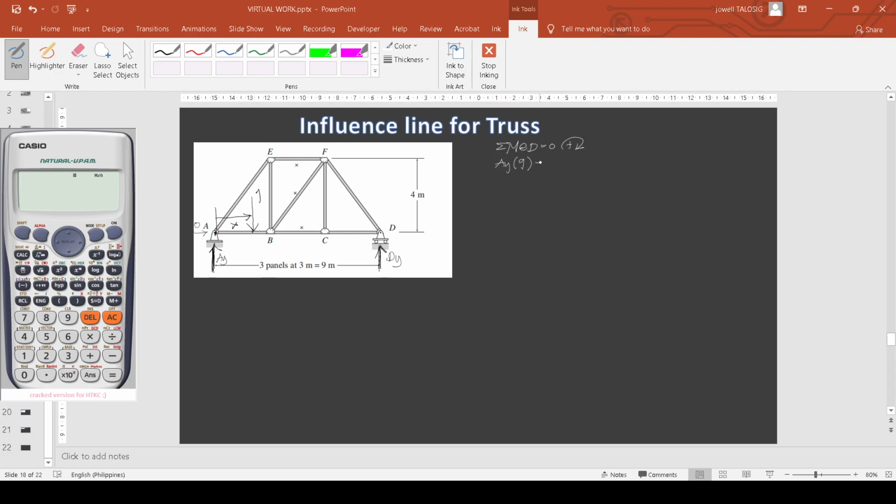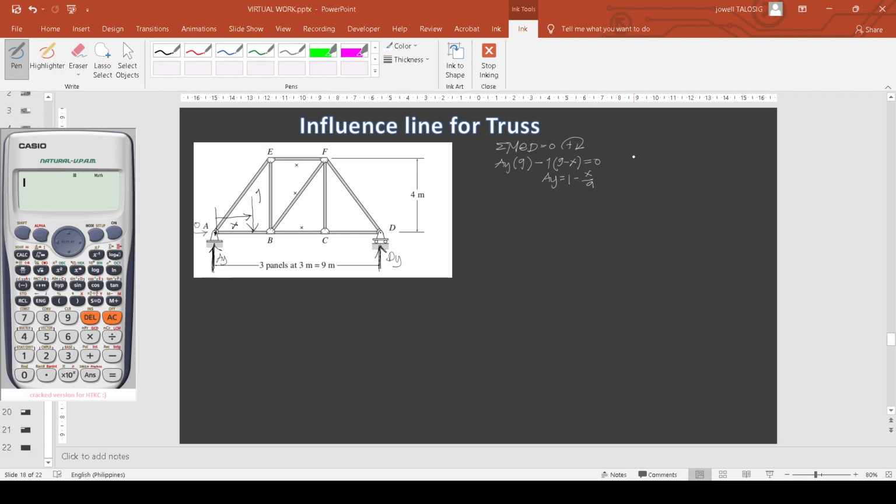And then we have a negative, counterclockwise rotation: 1, its moment arm is 9 minus x, that's equal to 0. So AY here is equal to 1 minus x over 9.